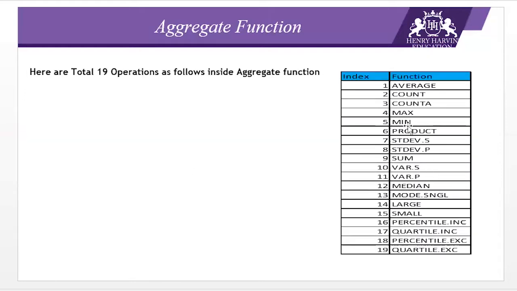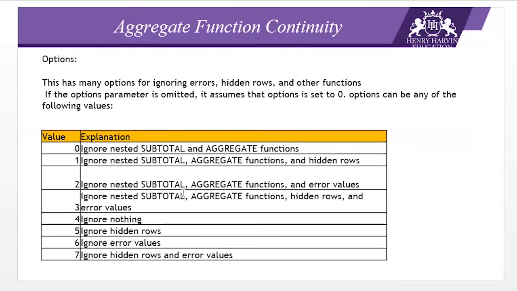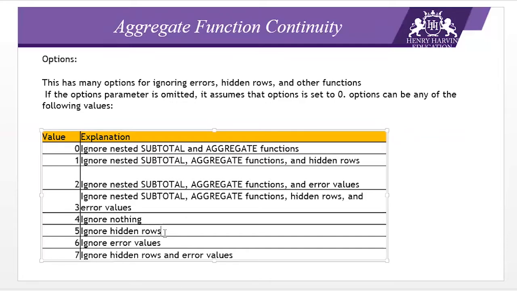You can see median is there, and standard deviation, everything, product, count, everything is there. Then you can select the array and select the options. Options means, for example, if you have filtered data, you can use ignore hidden rows and ignore error values.